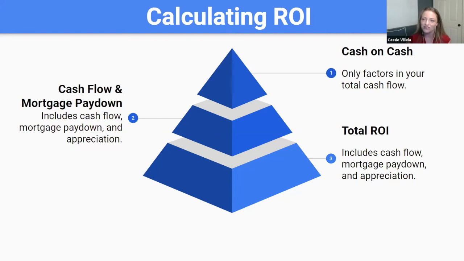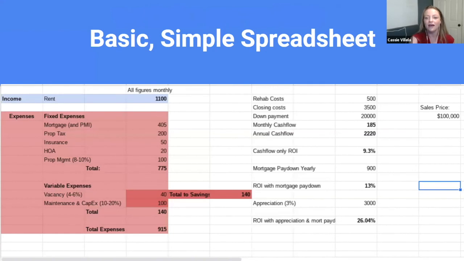So the cash on cash return is just that very basic, the annual cash flow divided by your total down payment, closing costs, and rehab costs. So all of the money you put into the deal goes on the bottom, and the annual cash flow goes on the top, and you divide that, and that's your cash on cash ROI. Super basic. You don't need a finance degree.